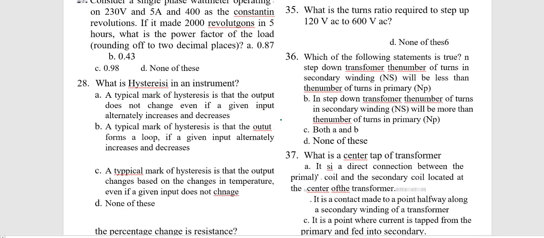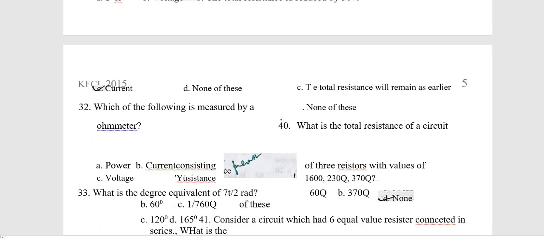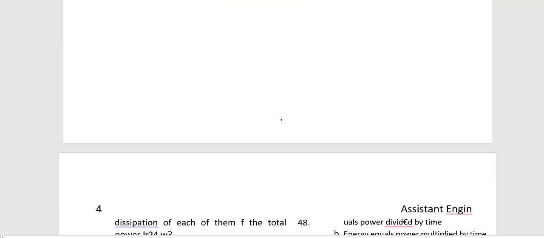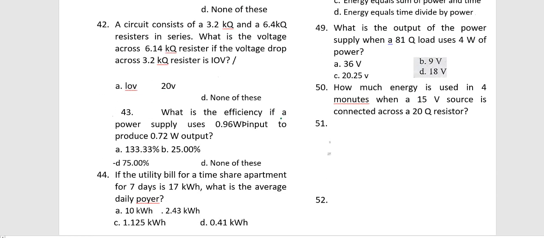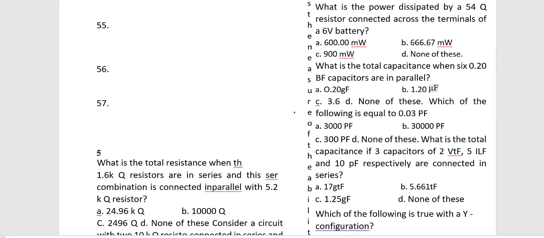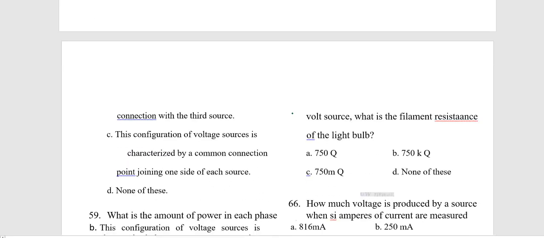As I said in earlier video, we have to focus more on electrical circuits, machines, electrical engineering materials, and measurements. These are important subjects. You can score up to 50% of marks.